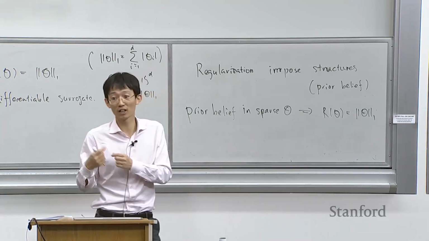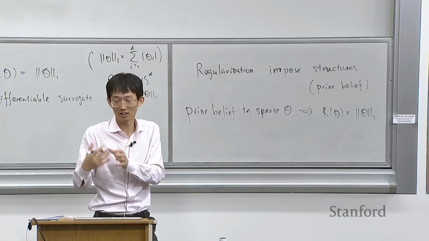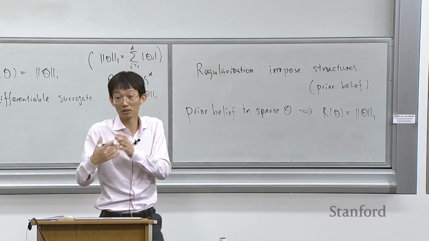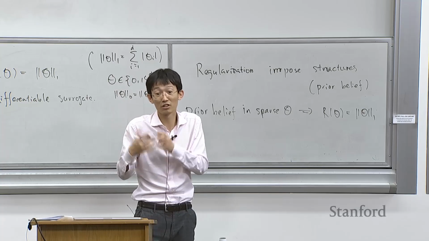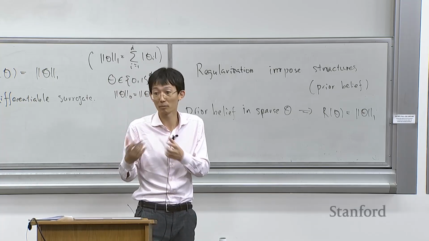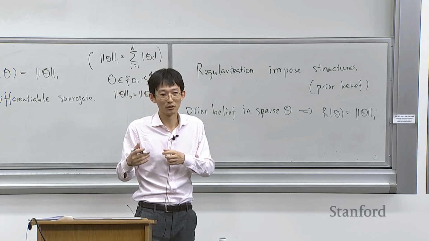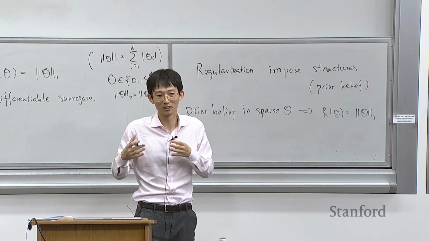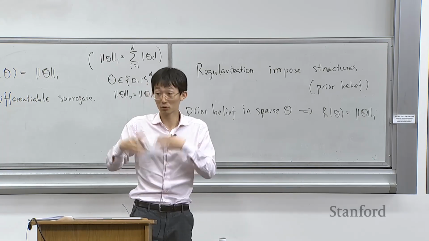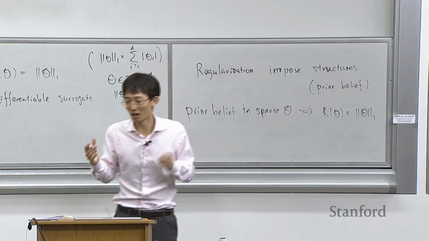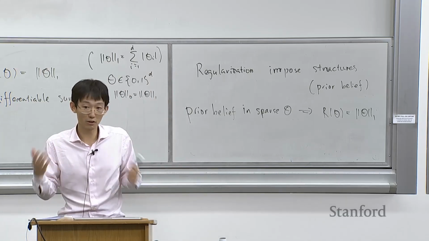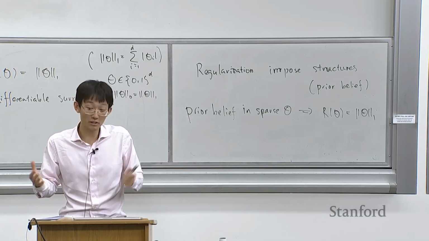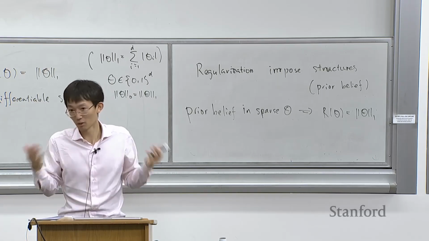And because you believe that your true model has low norm, narrowing your search space always helps you, because you didn't lose anything. You know that every model you excluded is not going to be the right solution. The new search space still has the right model, so why not do it?